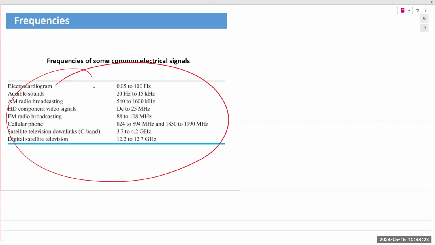AM radio stations broadcast in the kilohertz range, thousands of hertz. Okay, thousands of hertz. 680 AM is the broadcasting frequency of that particular radio station. So 680 stands for 680 kilohertz of frequency that the radio station is broadcasting.